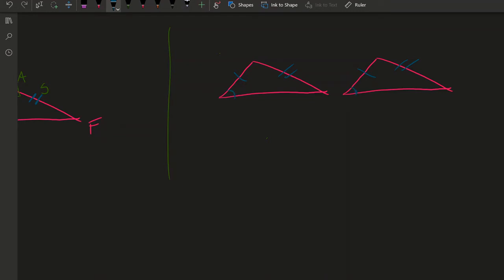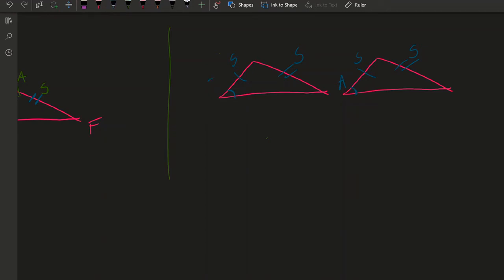Now notice that this angle is not the included angle. This is not the one that's in between the 2 sides. It's off to the other side. Now this one would not be side angle side. This one would be angle side side. So remember that angle side side does not work. It has to be side angle side.